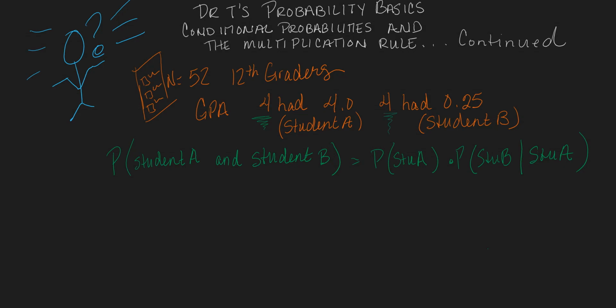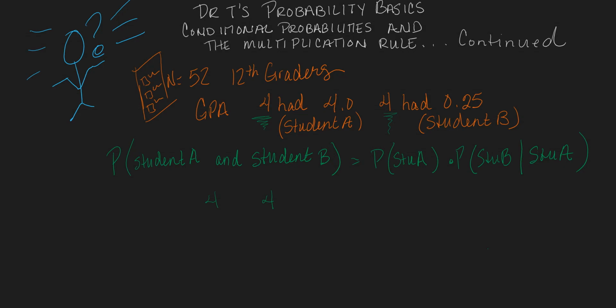So we know that the numerators in our probabilities are 4, because there's 4 opportunities for us to grab one of the surveys that has a GPA of either 4.0 or 0.25.